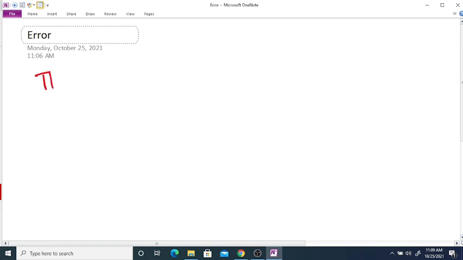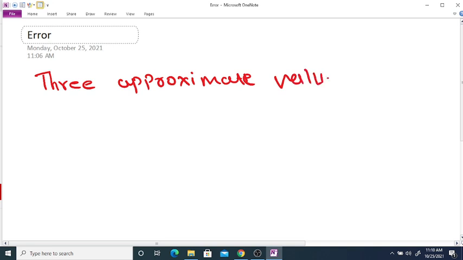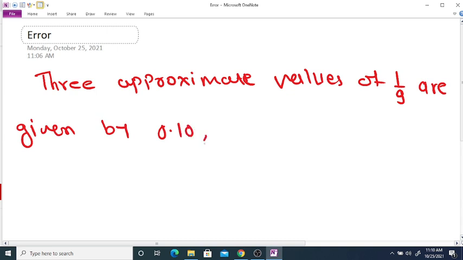Three approximate values of 1 by 9 are given by 0.10, 0.11 and 0.12.